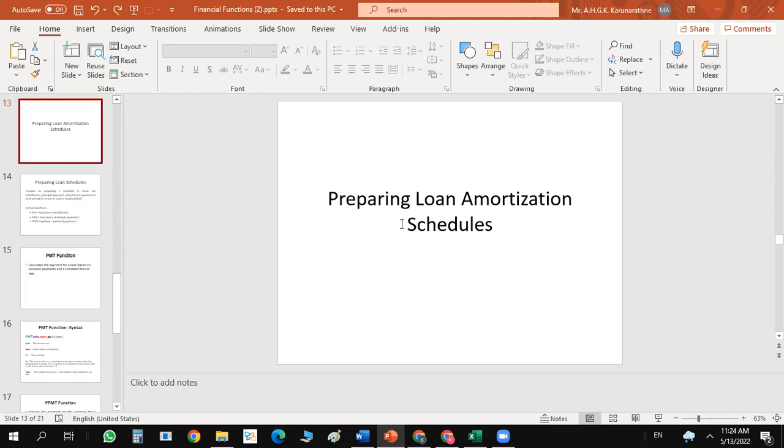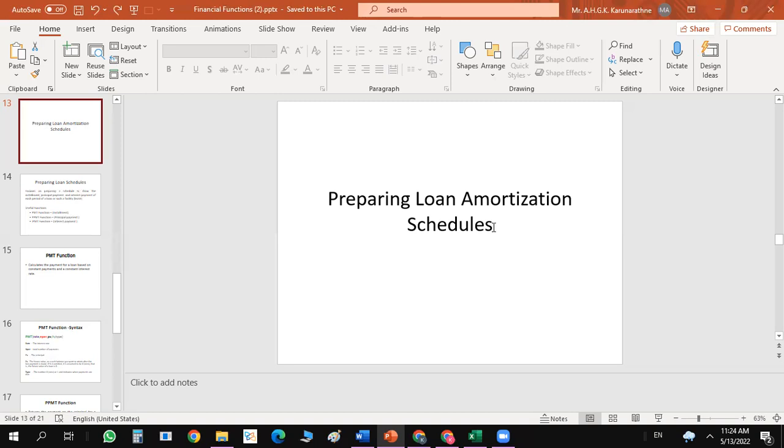So loan amortization schedule or loan repayment schedule is a very important part for you, as you all are finance guys, people who are going to specialize in the field of accounting and finance. You must know what a loan repayment schedule is.